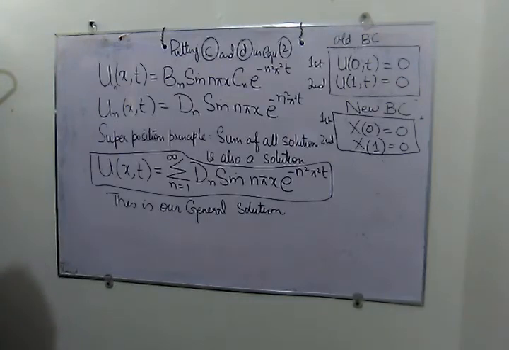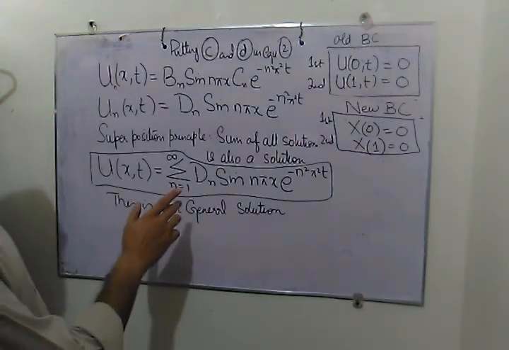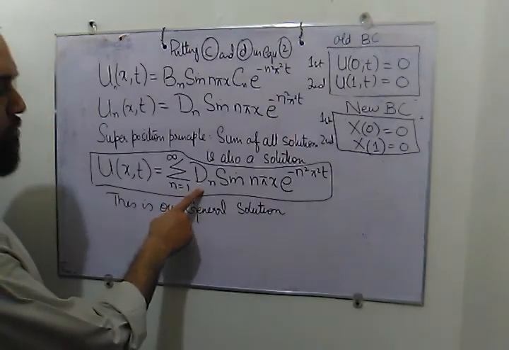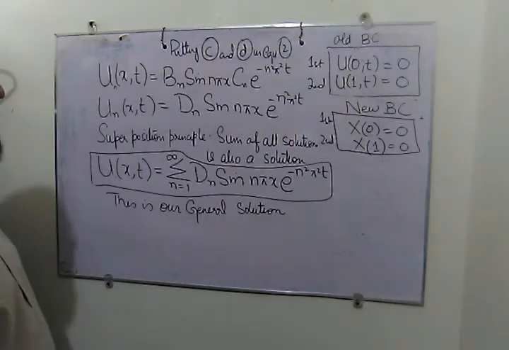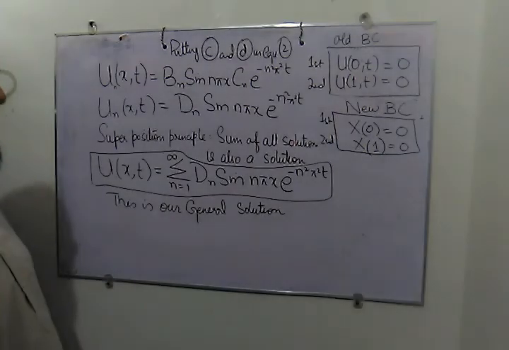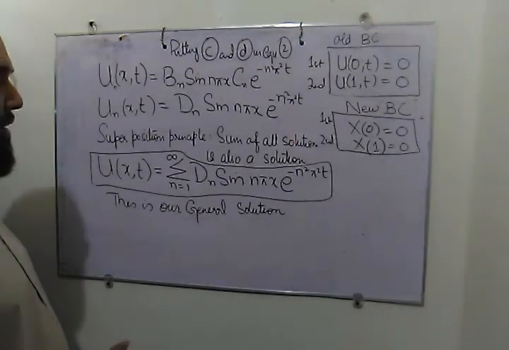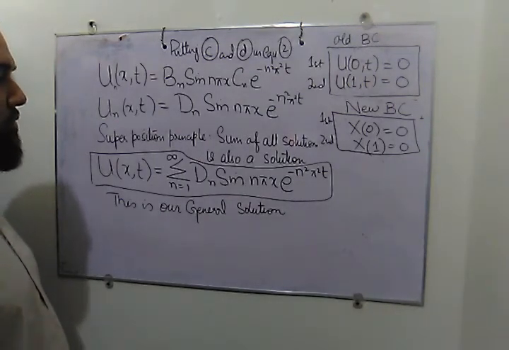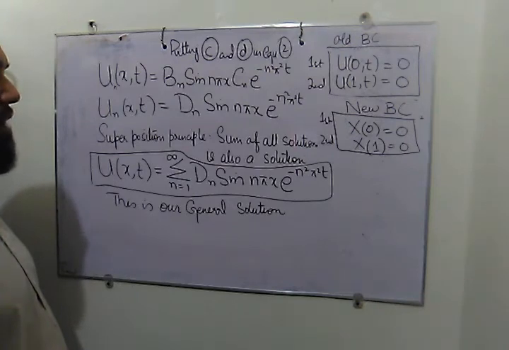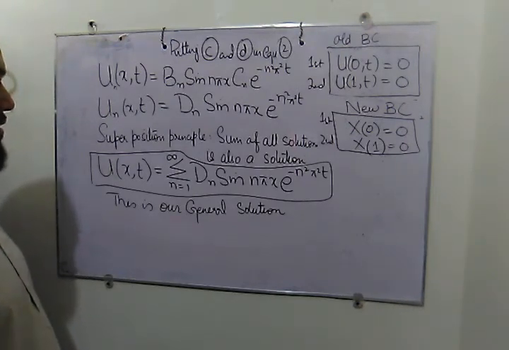Now this is not the whole story, and in order to find the value of this coefficient dn, we have to use our initial condition. At this stage we will see that in the previous question we used integration by parts, but now we are not going to use integration by parts because the initial condition is given in the series of sine functions.